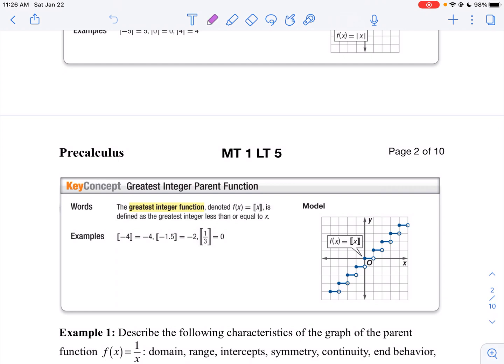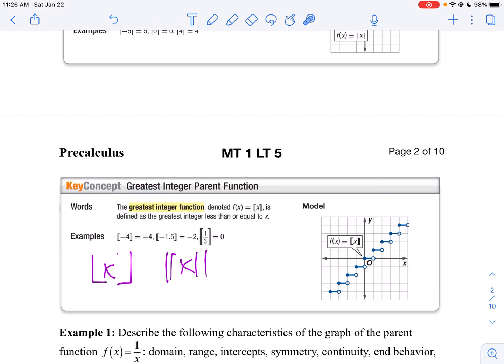Now, let's talk about the notation of that. In the textbook, they use double lines for greatest integer functions. Sometimes you'll see it written like this. And sometimes it looks like just a double absolute value. What that means is I want to pick the biggest number that's an integer that's less than or equal to a number.